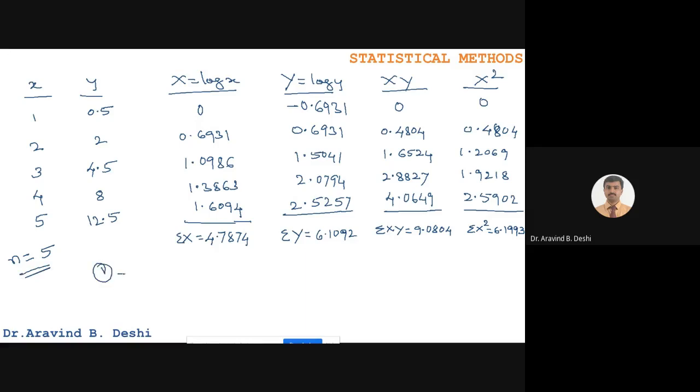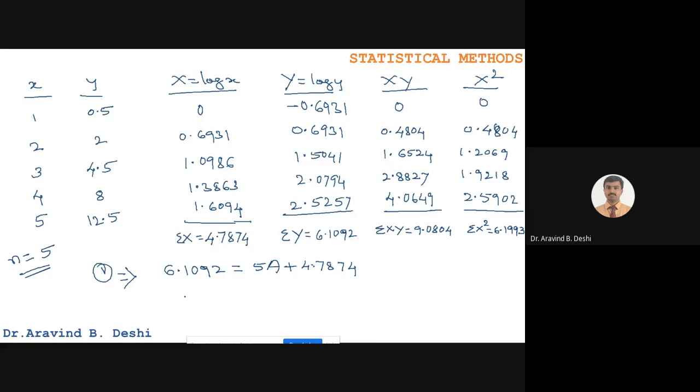Therefore equation 1 becomes summation capital Y, that is 6.1092 equal to n into a, that is 5. Be careful, it is a capital A, so 5A plus b into summation of x, small b. Summation of x is 4.7874.